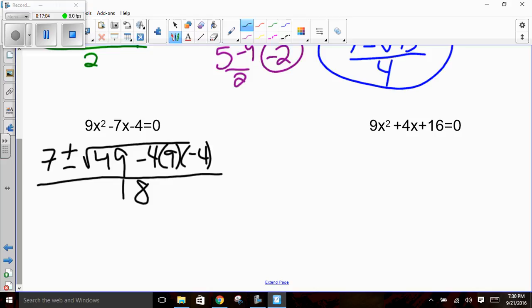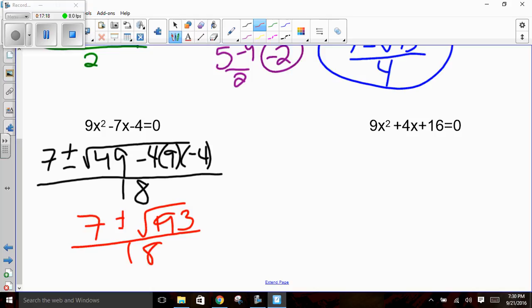I'm going to take that 144 plus 49, and I get 193. So I have 7 plus or minus the square root of 193 all over 18. I asked myself, can I break down 193? Nope. My answer is 7 plus or minus the square root of 193 all divided by 18.